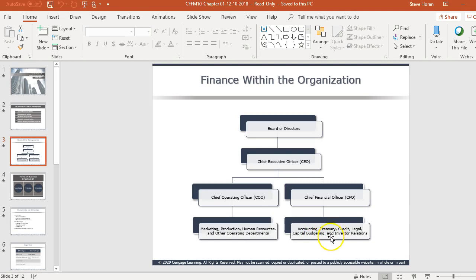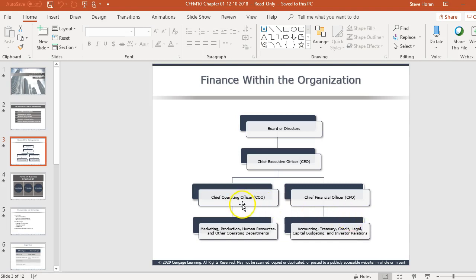Accounting, treasury, which is cash management, credit, which is your banking management, legal issues, capital budgeting, that's how we'll afford big ticket expensive items, and if we're publicly owned, investor relations. And we're really going to treat this class from the perspective of a publicly owned company. So anybody can buy our stock type of a company. So when we say investor relations, that's maintaining good relationships with our stockholders.